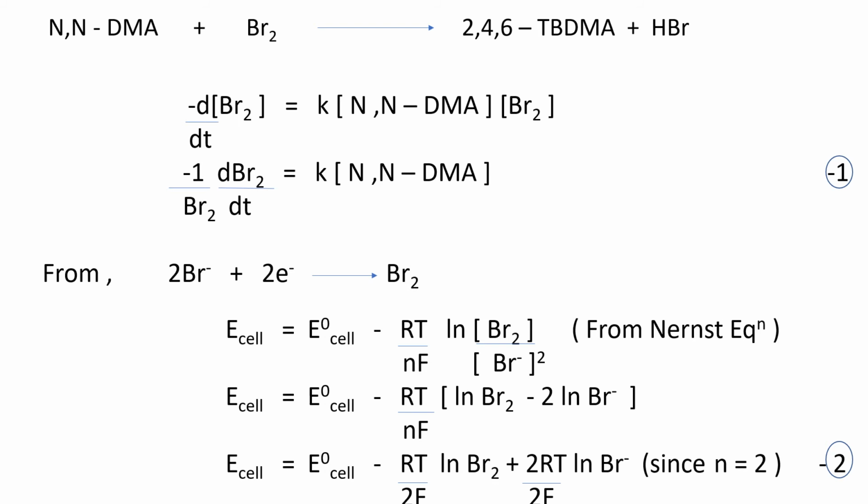That is why I have written minus dBr2 by dt equal to K into N,N-dimethyl aniline and the concentration of Br2.